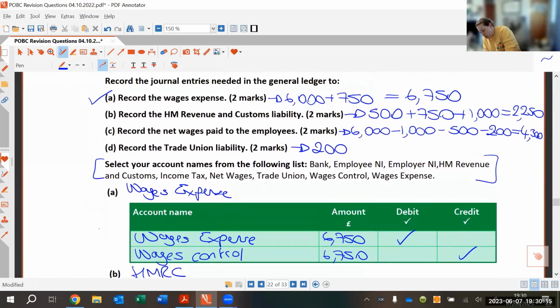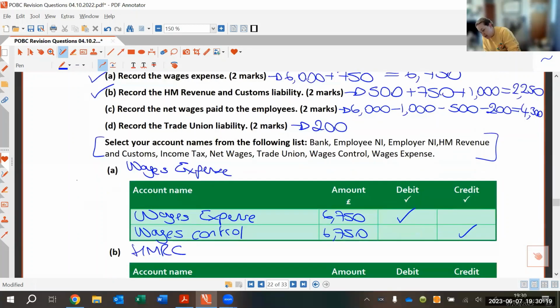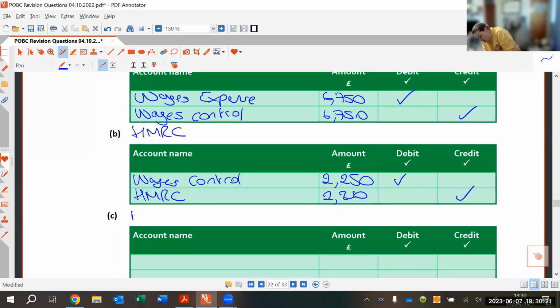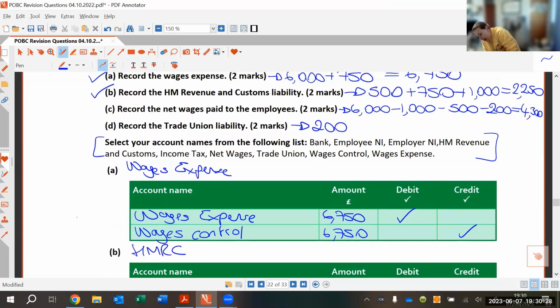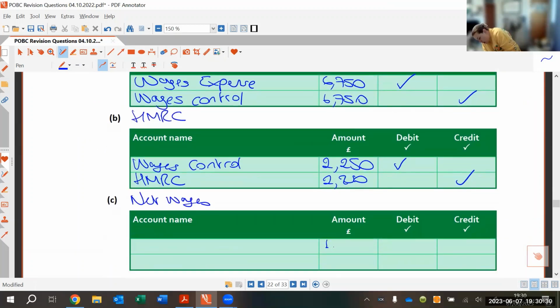So then our third journal, we've done B, we're now on to C, which is the net wages paid. And the amount for this was that 4,300, wasn't it? Yeah, there we go. So what are we doing with this one?